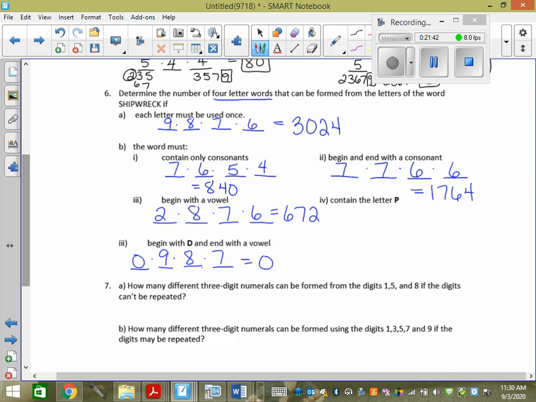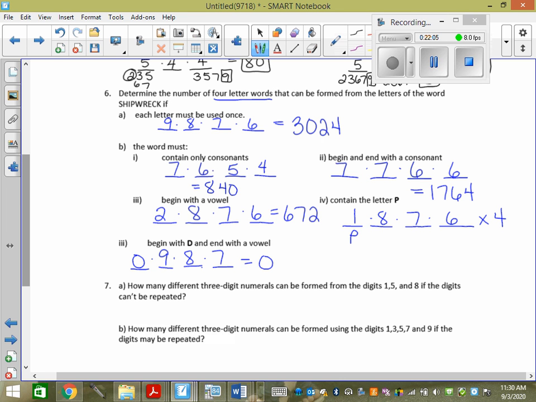Contains the letter P. This is like that other one. So we can start with a P, which is 1, and then we have 8, 7, 6, right? And then that P is going to move how many times? It could be here, here, here, or here, right? So we just multiply by 4.